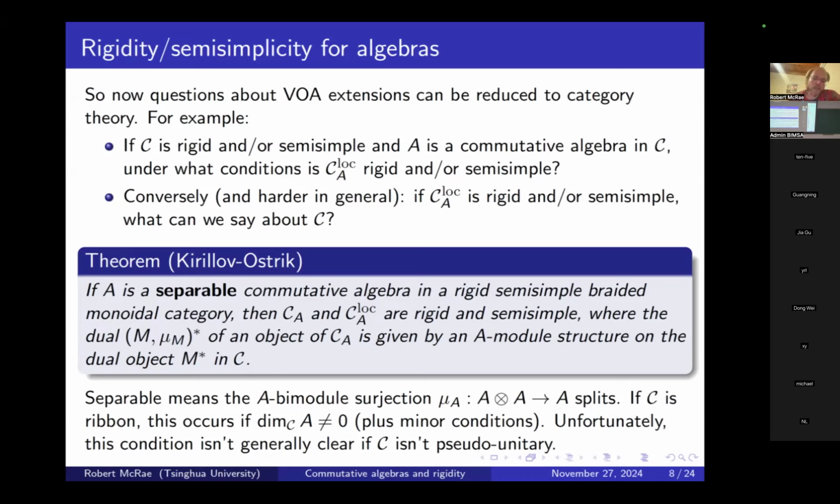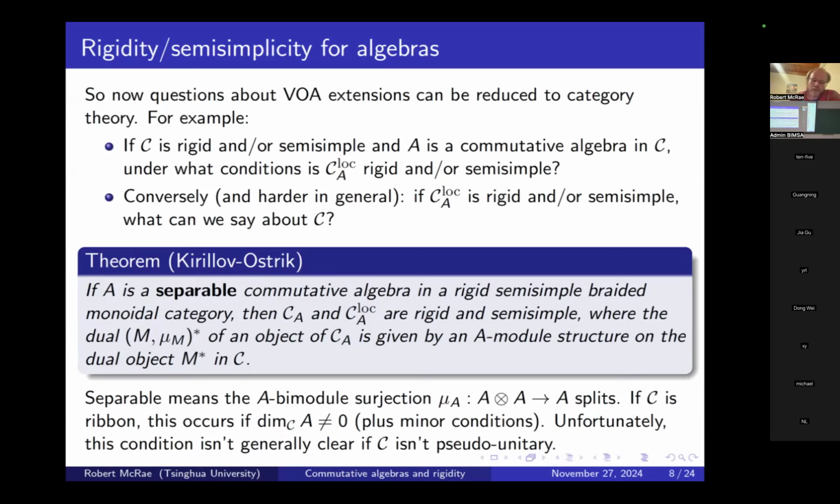For example, if you have a ribbon category, then the algebra will be separable if the dimension of A in C is non-zero, plus maybe some minor other conditions, like maybe you want to assume A is simple and that the ribbon twist acts trivially on A, something like that. But essentially, this dimension should be non-zero.